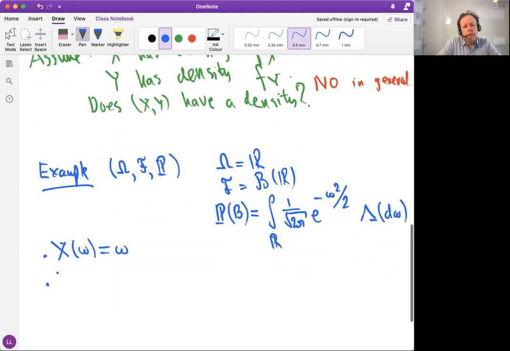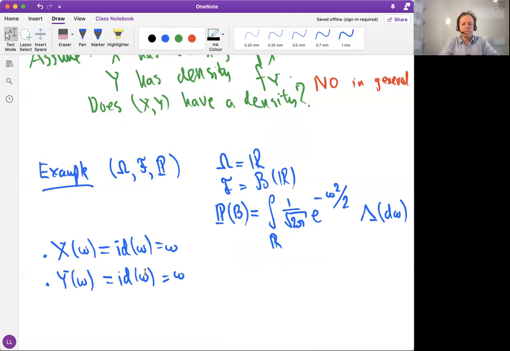And let's define Y of omega. Actually, maybe it's helpful to say that I'm using ID to indicate that this is an identity map. So let's use the identity of omega, which means that this is just omega. It's the identity function on omega.